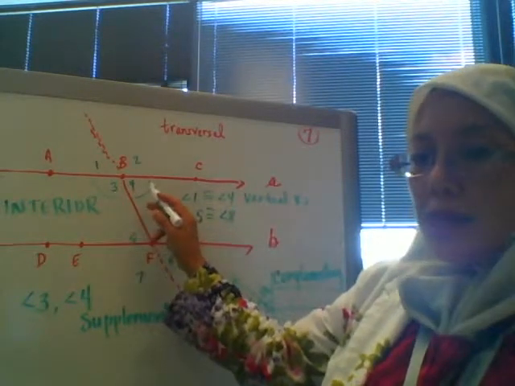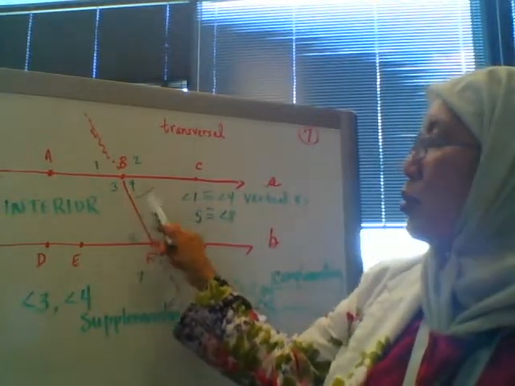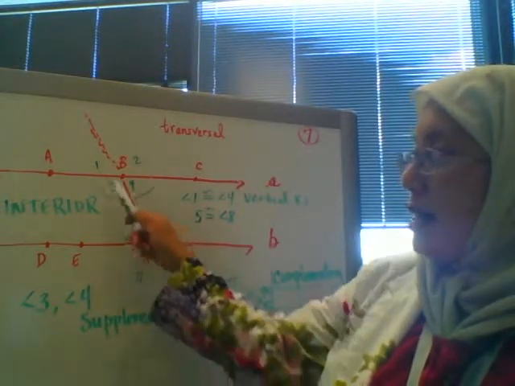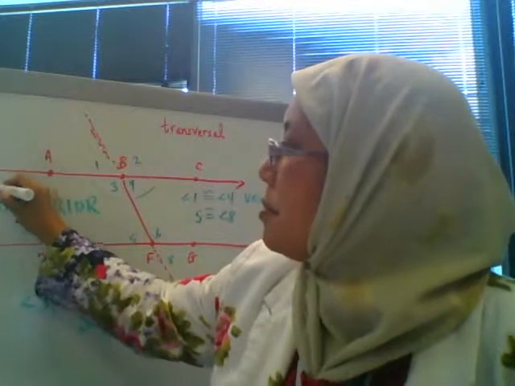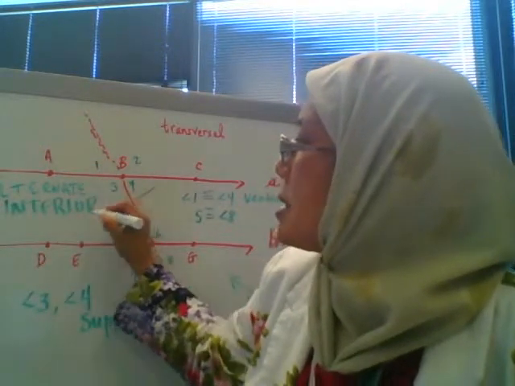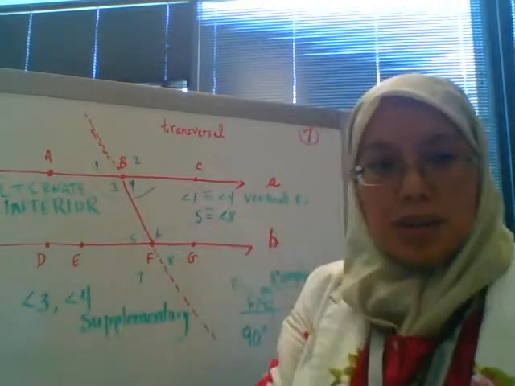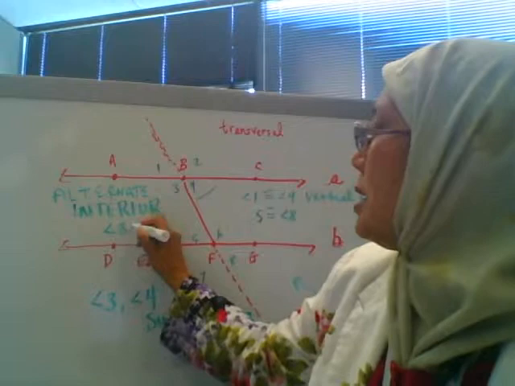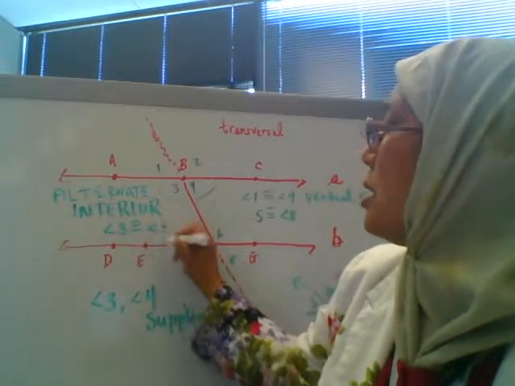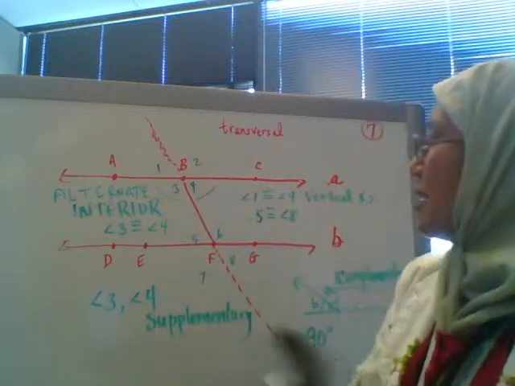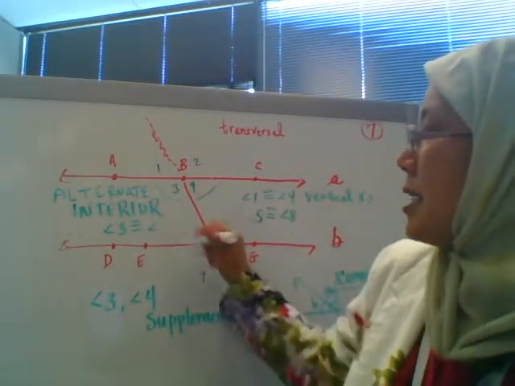So interior angles are 3, 4, 5, 6. Angles 3 and 4 are not equal, but 3 is equal to angle 6. Because they're not on the same side, they are alternating, so they're alternate interior angles. Angle 3 equals angle 6, sorry, my bad.